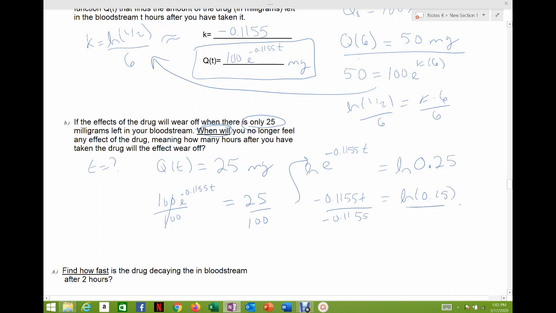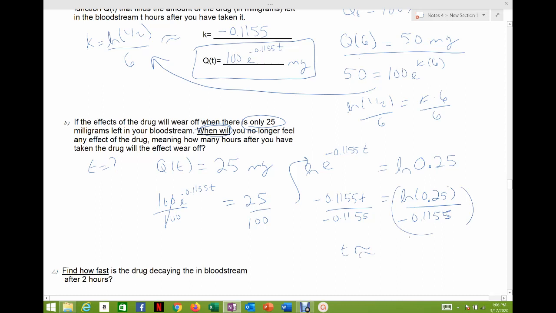Divide by the k. Alright, so this is what you're going to plug into the calculator. You're going to plug in natural log of a quarter, 0.25, divided by that k, and you're going to get your time.